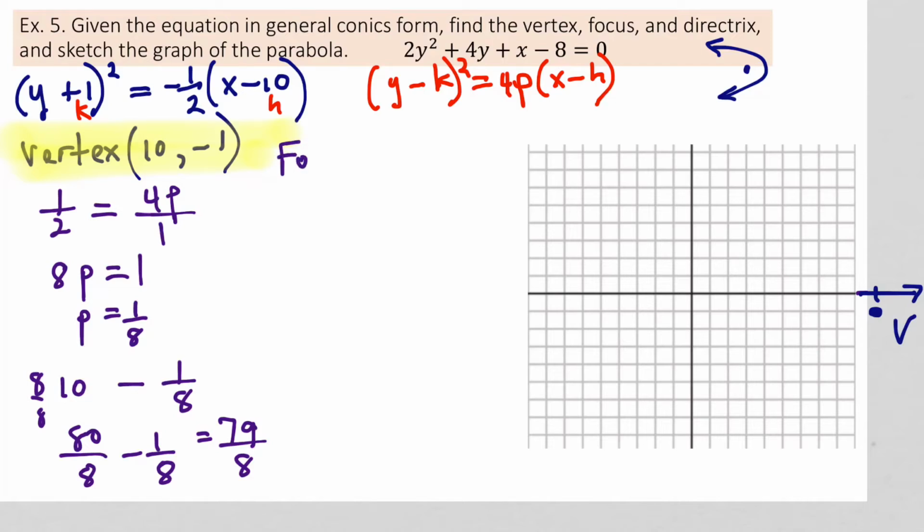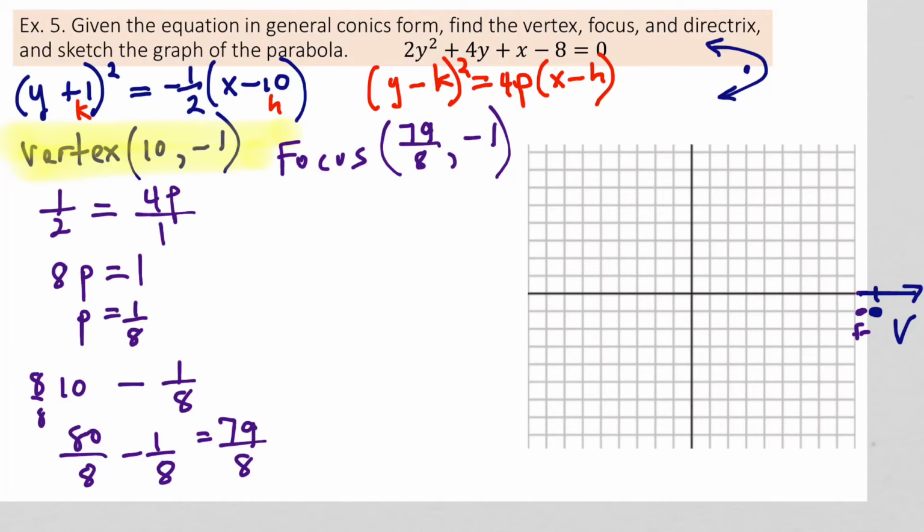My focus, my x coordinate is 79/8, and I'll still be on that same negative 1 y line there. So if I try to draw that dot in there, it's going to be really hard to see that small amount, but we'll just exaggerate it a little bit. So this is my focus, which is to the left of my vertex. All right, like we said here, it's always inside the dish, so my dish is going to go this way. All right, so that's my focus.